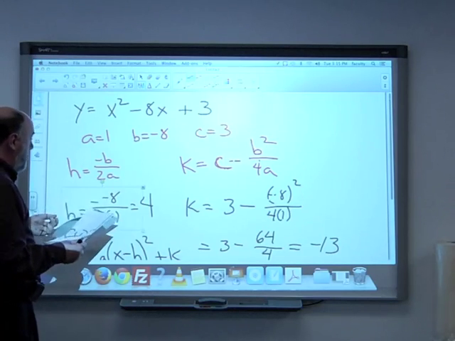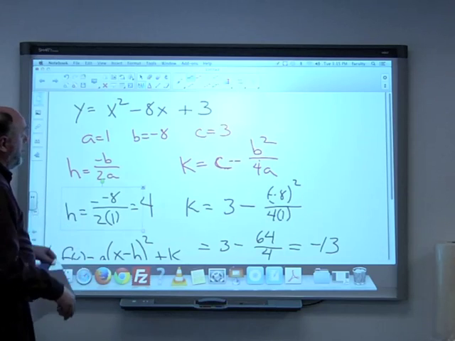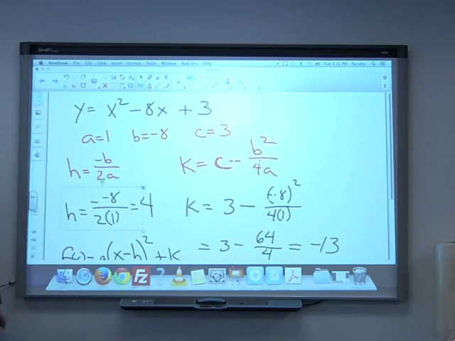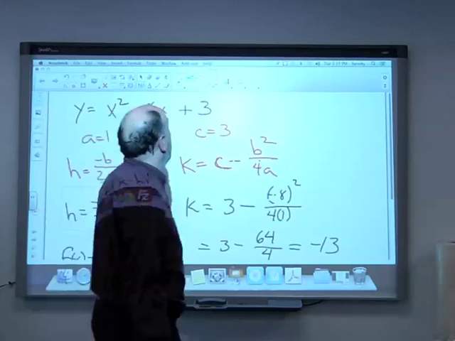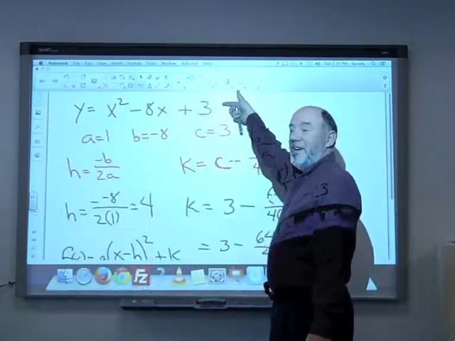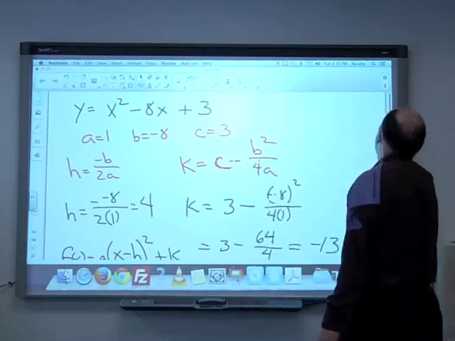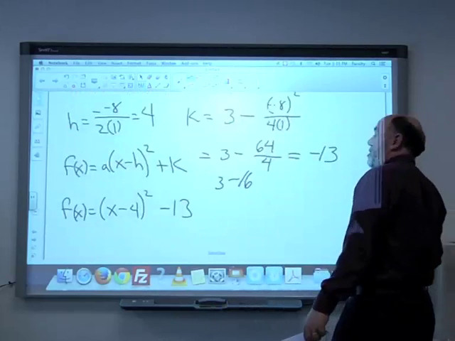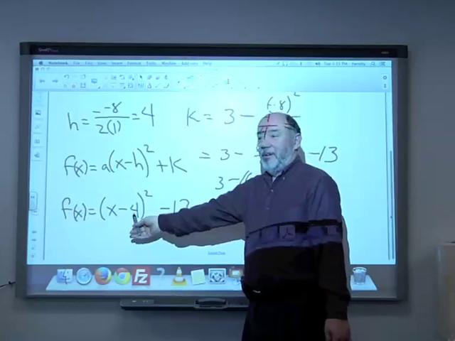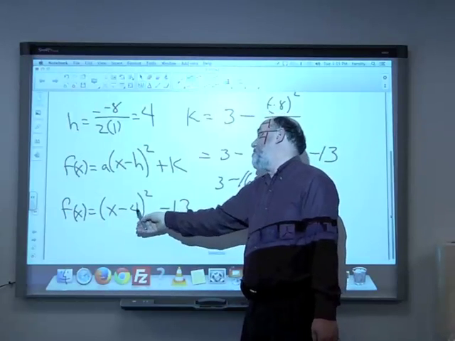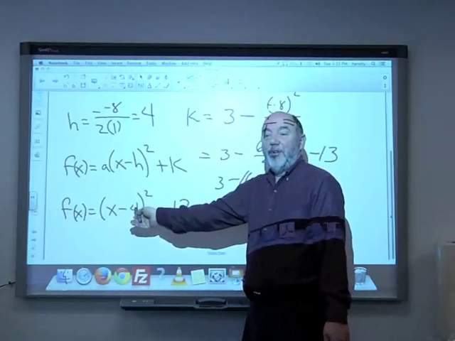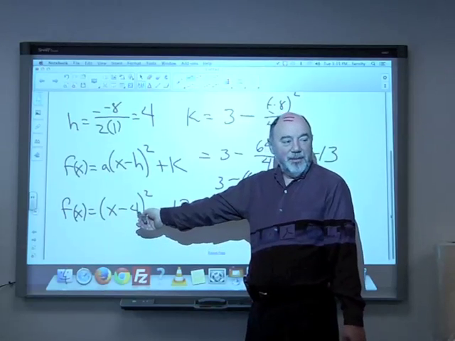Basically, we went from the standard way you see your quadratic into the vertex form of writing the quadratic, because from this I can read right off what the vertex is.